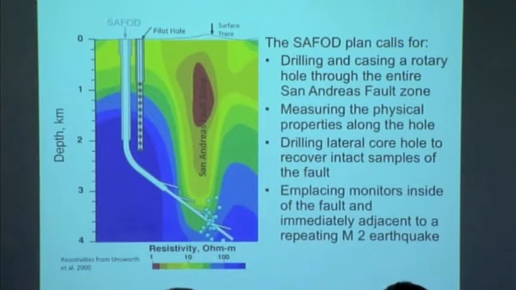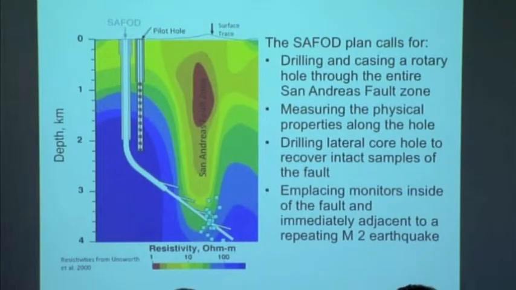And Ted, of course, knew that fault zones are low resistivity zones, and a massive fault such as the San Andreas that has deep roots will actually provide a conductive path for current to flow from the upper crust through to the mantle, and so you can really light this up.